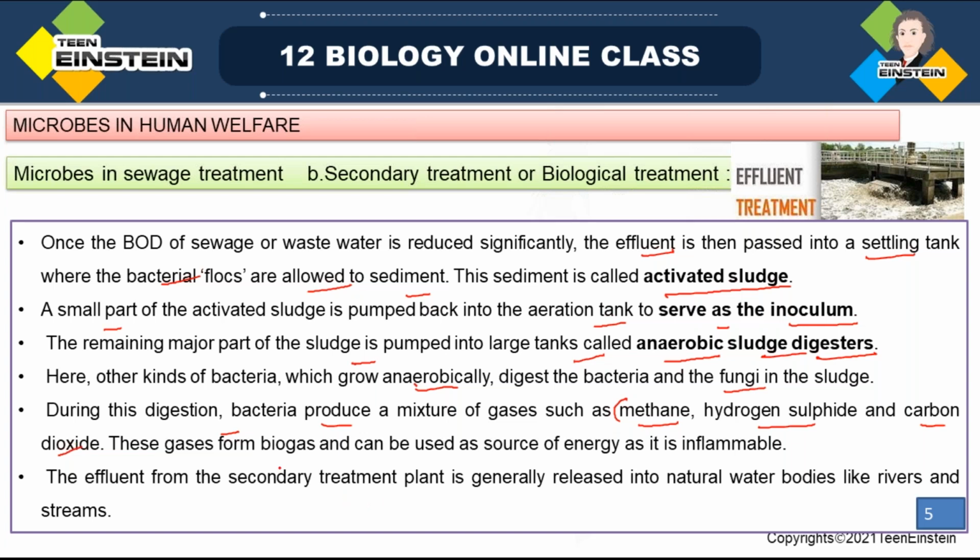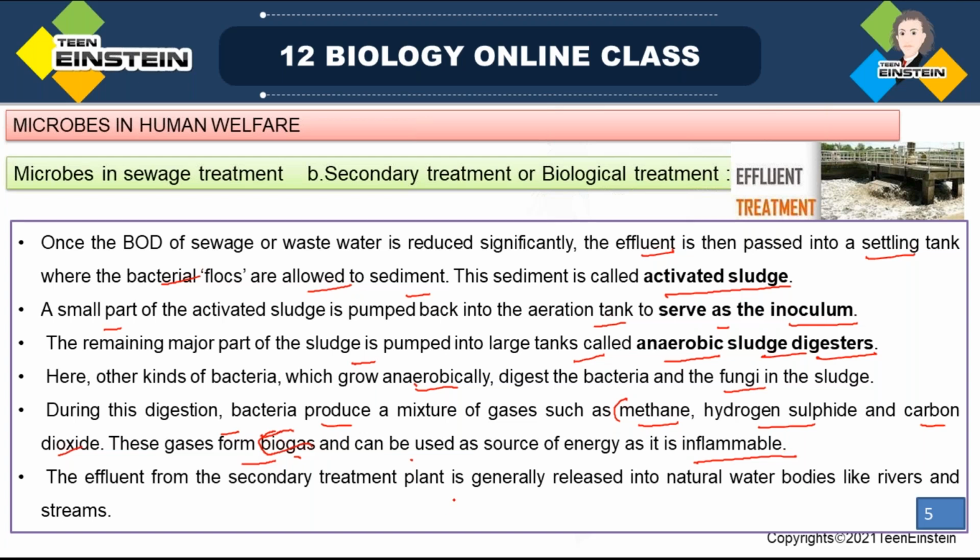The combination of all these gases forms biogas. Okay, so that is called biogas, and it works as an energy source which is inflammable.